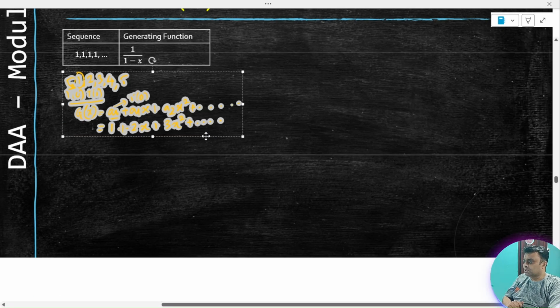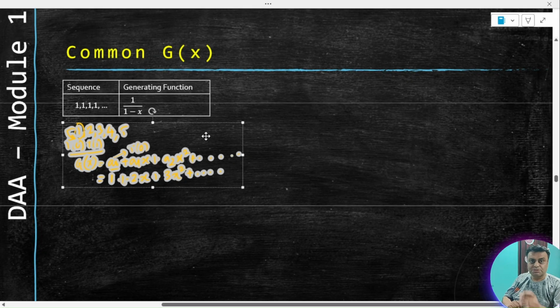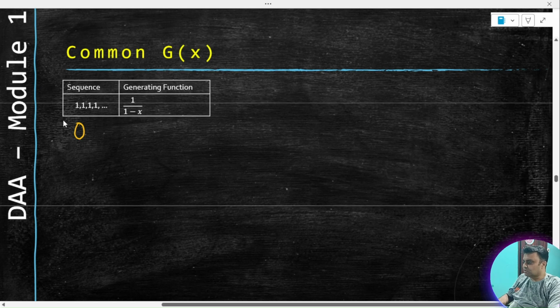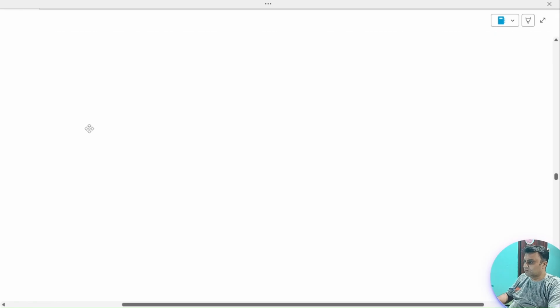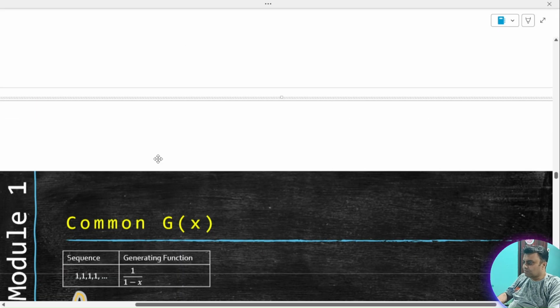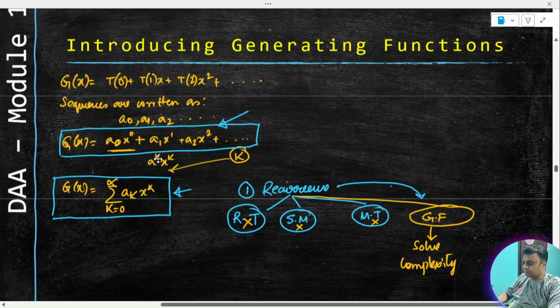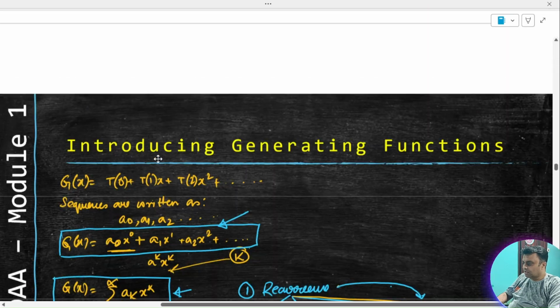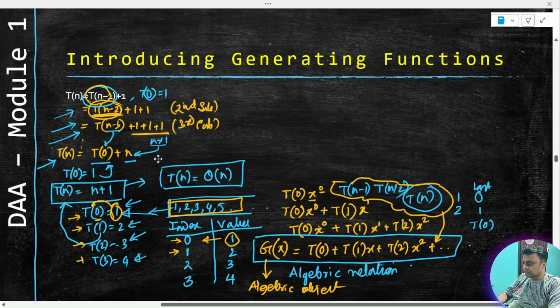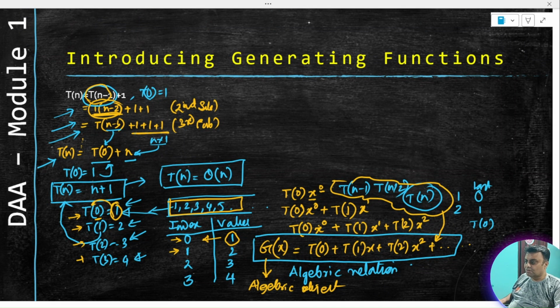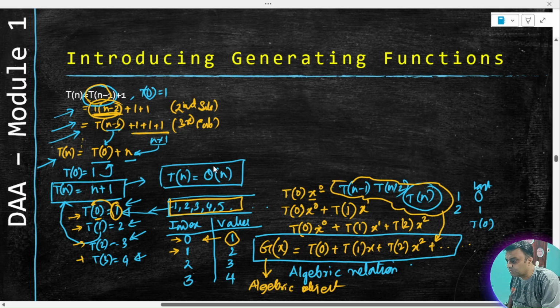I didn't notice that this was the 1, 1, 1, 1 sequence, which is what we have solved here. Let me show you what we have solved here. So this is not the 1, 1, 1, 1 sequence. This is the 1, 2, 3, 4, 5 sequence, as I told you, and we were trying to solve the second part of the slide that you saw. We will go there and again repeat whatever we have done.